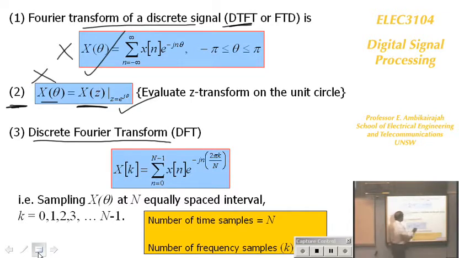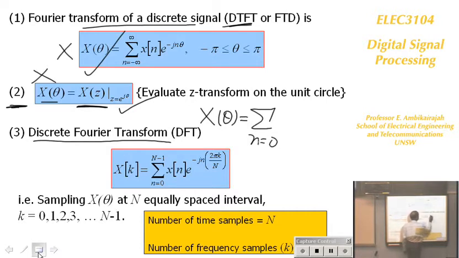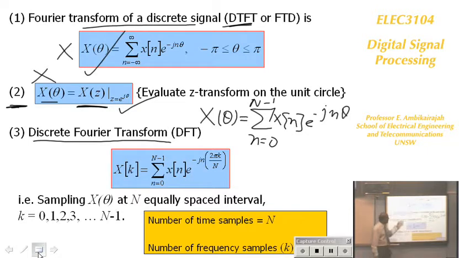where you go back to your x theta, which is equal to what? Sigma n equal to 0 to n minus 1, that's the sequence xn, then you normally say e to the power minus j n theta. Now, how am I going to get x theta from here? You're saying x theta now becomes xk.